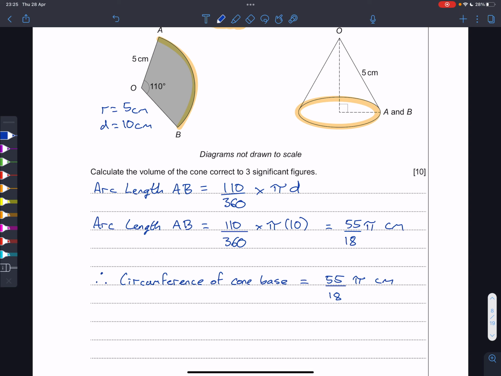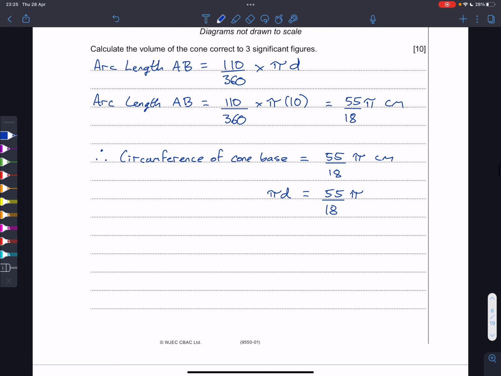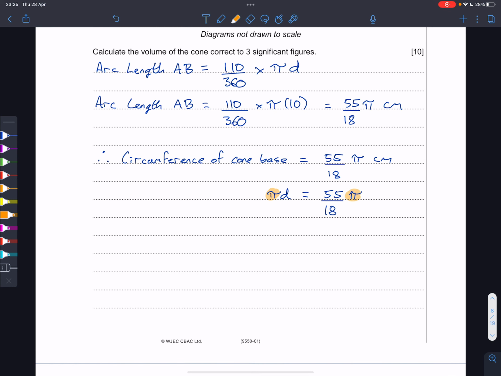So let's now try and use this. I know that the circumference of a circle is pi times diameter. So pi times the diameter of the circle is 55 over 18 pi. My first step would be to divide both sides by pi, because if this has a pi in it and that has a pi in it, they'll cancel out, leaving me with the diameter is 55 over 18 centimetres.